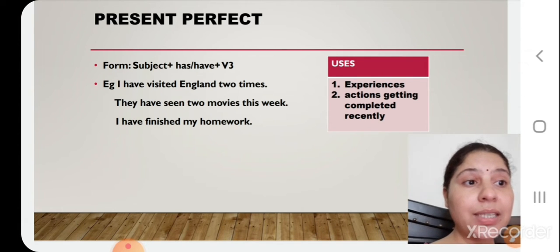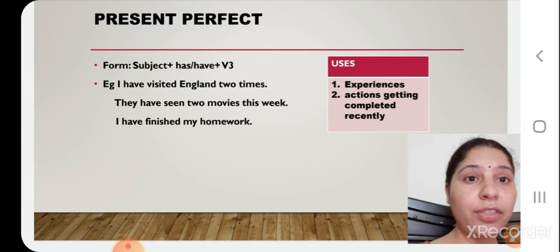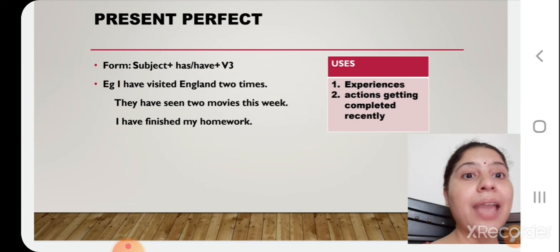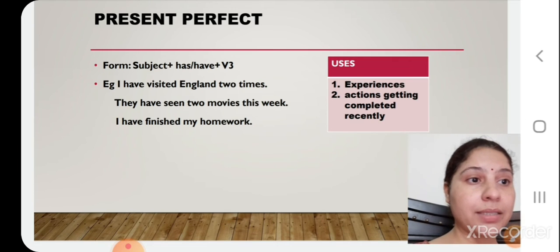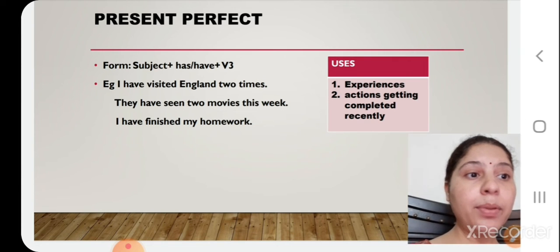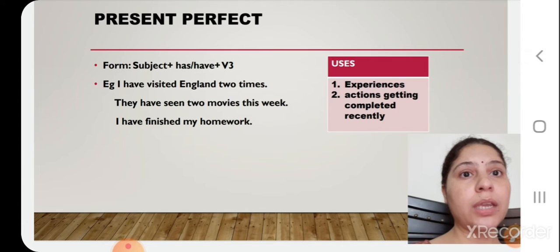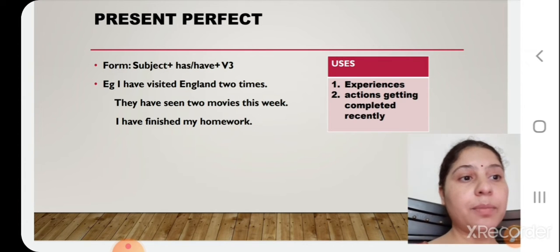So last week is gone. It is a thing of the past. So the sentence becomes simple past. I finished my homework yesterday itself. So again, it is simple past. So I hope you are able to make out the difference between present perfect and simple past.